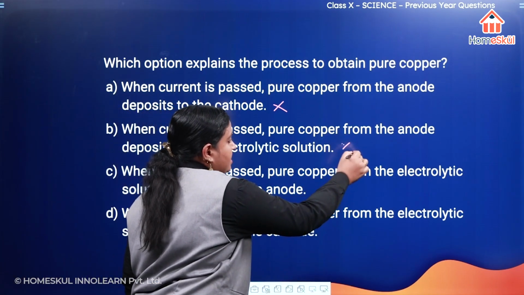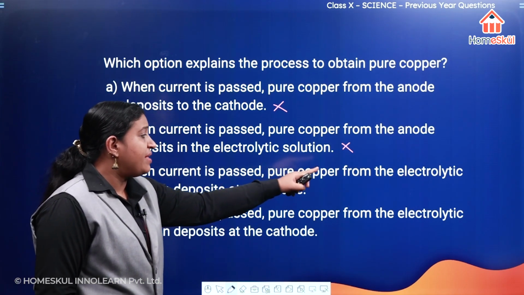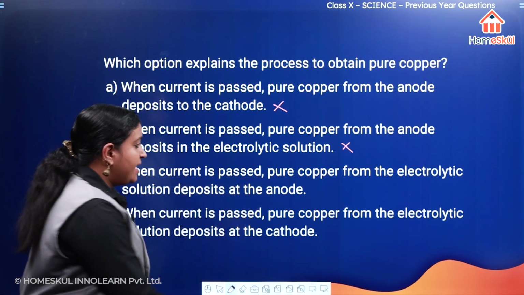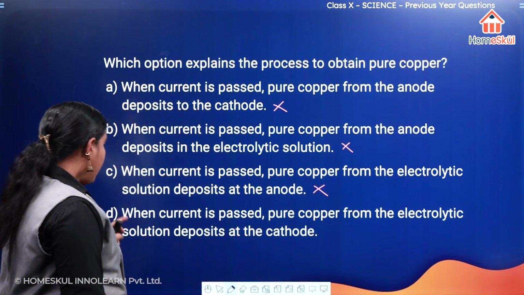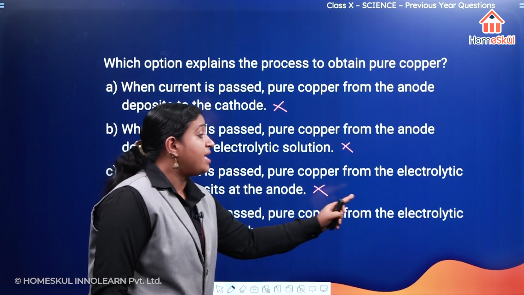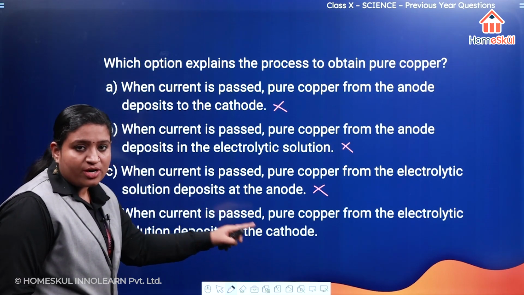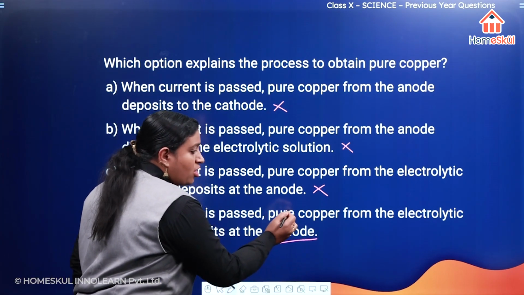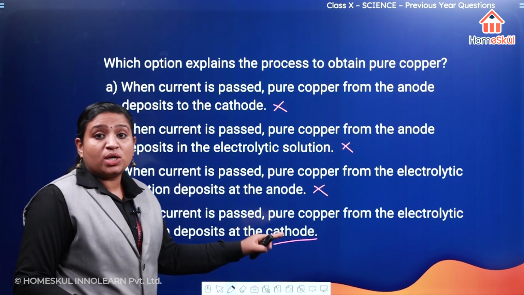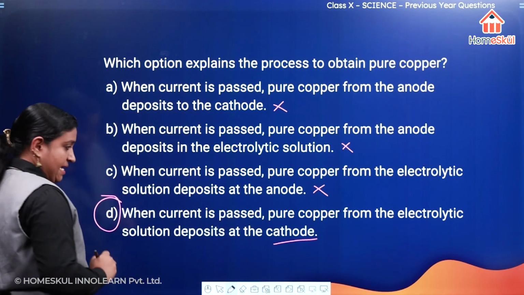That is also a wrong statement. C: When current is passed, pure copper from the electrolytic solution deposits at the anode. It's again wrong. Last option D: When current is passed, pure copper from the electrolytic solution deposits at the cathode. That is correct, isn't it? So pure copper from the electrolytic solution is getting deposited at the cathode. So our answer for the question is option D.